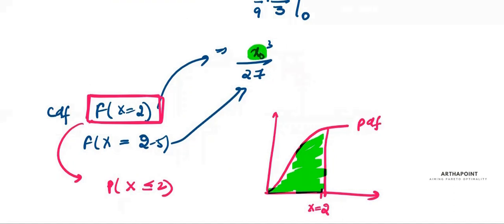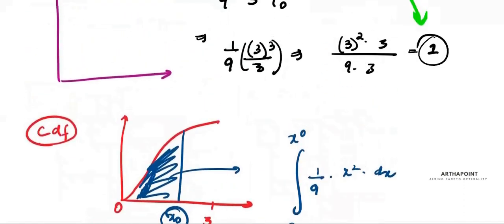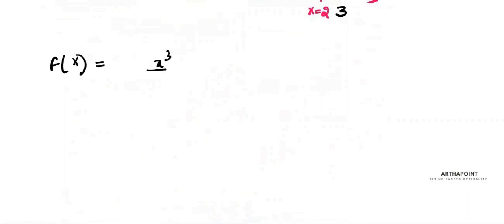The probability that x can take any value from 0 to 3 is 1, because then I'm taking the entire area. That's where my function is defined and I'm taking that completely. That is why I was getting 1 here. Okay. So if I have to write any general CDF function, it is going to be x cubed by 27 when x is between 0 to 3.